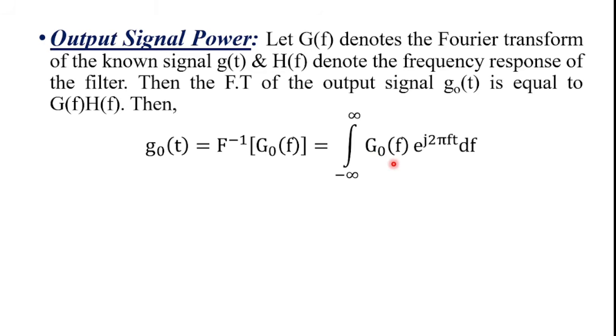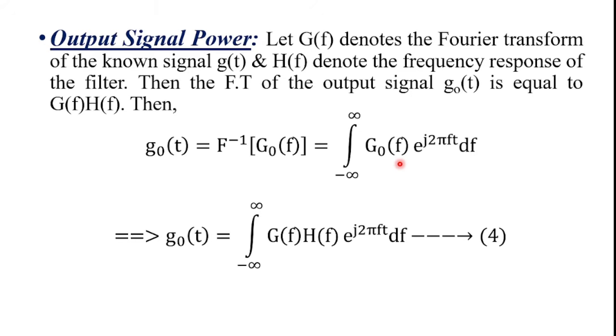G naught of f is G of f into H of f. Substituting this value here, we get the output signal g naught of t equal to the integral from minus infinity to infinity of G of f into H of f into e power j 2 pi f t df, which is considered as equation 4.